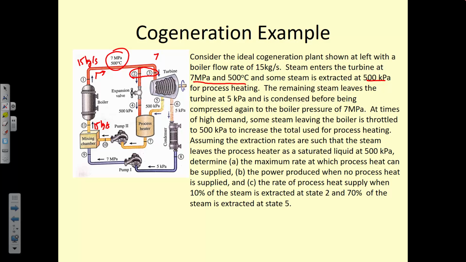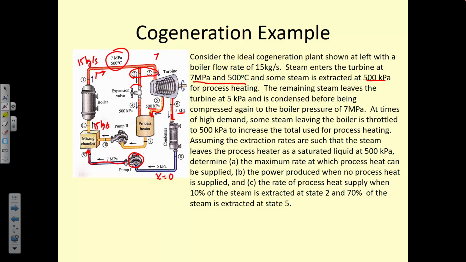Some steam is extracted at 500 kilopascals, that's at state 5 for process heating, and the remaining steam leaves the turbine at 5 kilopascals and is condensed before being compressed again to the boiler pressure. So you can see all of these pressures are important to keep track of. So it's 5 kilopascals going into the condenser. It'll be 5 kilopascals saturated liquid coming out. It goes into the pump to be increased to the same pressure as the boiler pressure.